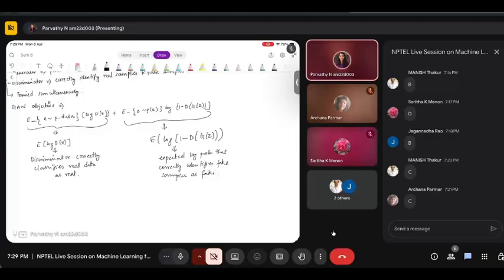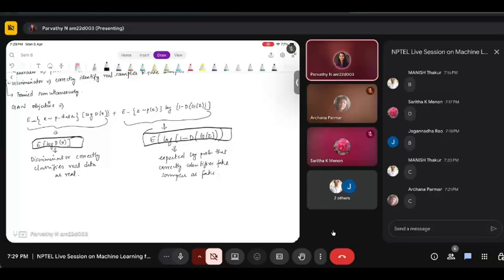So the discriminator will maximize and the generator will minimize, especially the second term, because the first has no generator parameters. It is only the log of D of x. But in the second term there is a generator parameter. So the generator will try to minimize the discriminator's ability to detect fake samples.